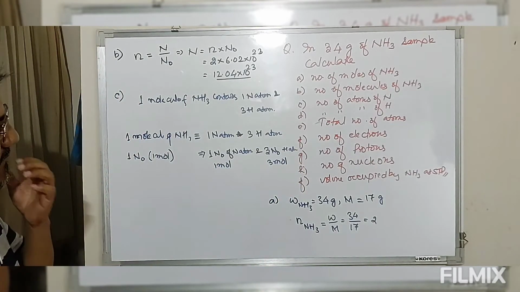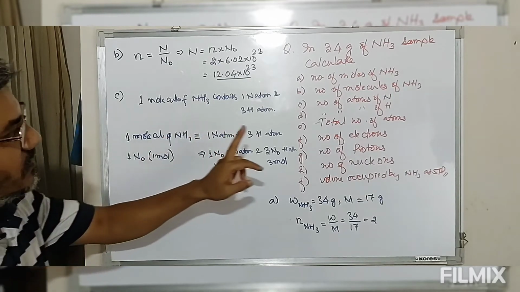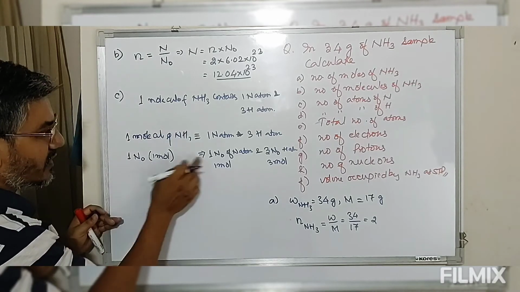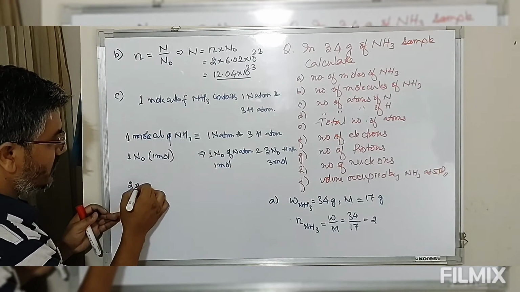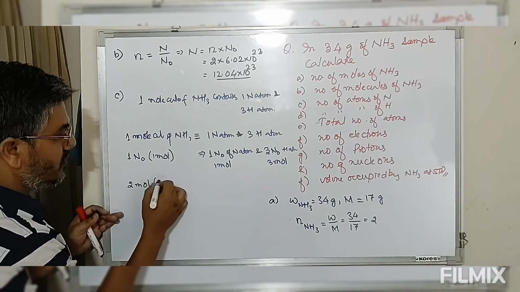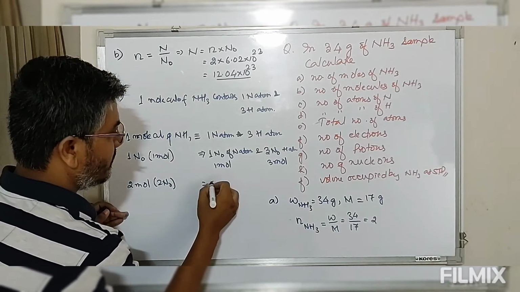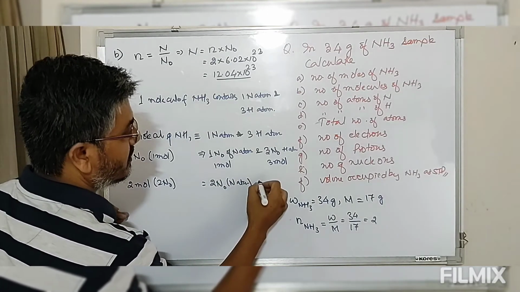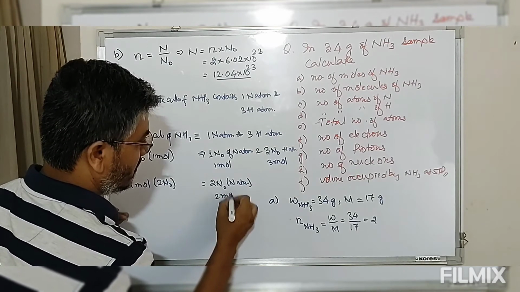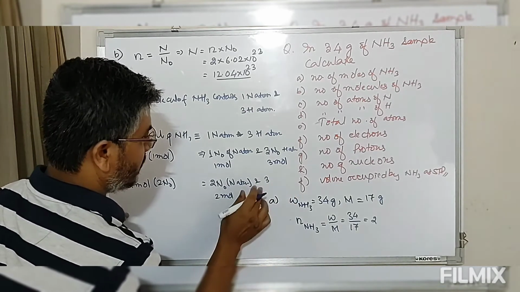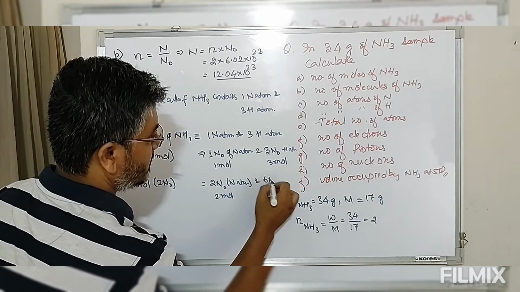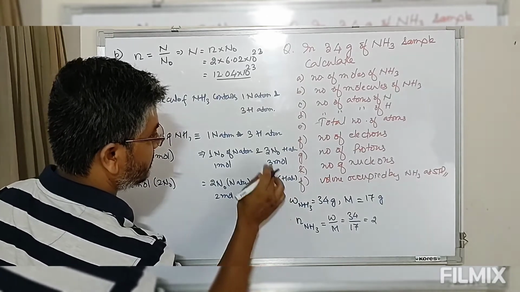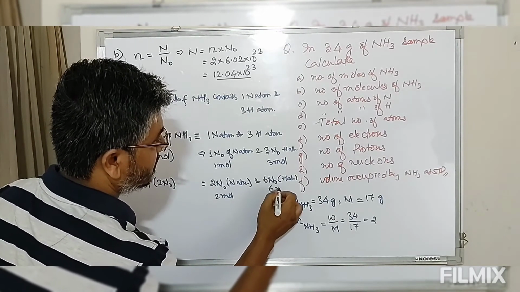So now look at this. We have to find the number of atoms of nitrogen. If 1 mole contains this, then 2 mole, that is 2 into Avogadro number, will have 2 Avogadro number of nitrogen atoms, that is 2 mole, and 3 into 2, 6 Avogadro number of hydrogen atoms, that is 6 mole.